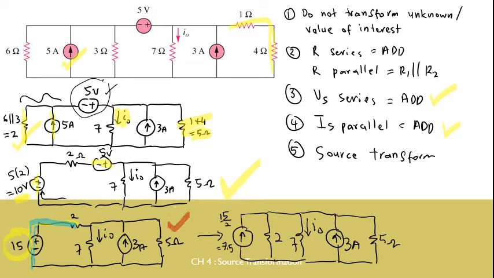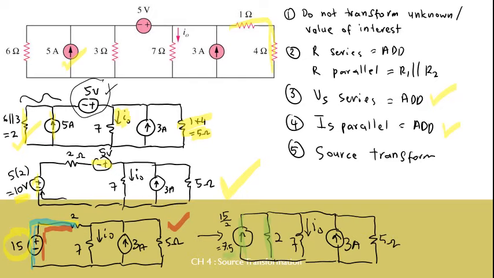You will have 15 there, and then do the combination like this, and then you will get our next step here. This one you're going to transform because the voltage source is in series with 2. This part, they are in series, so you can combine it, and then you will get these two. If you transform 15 divided by 2, you get 7.5 for the current source.